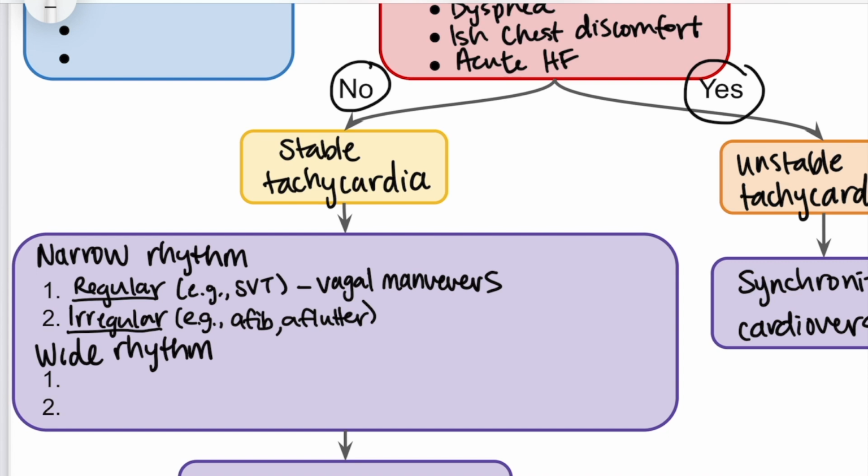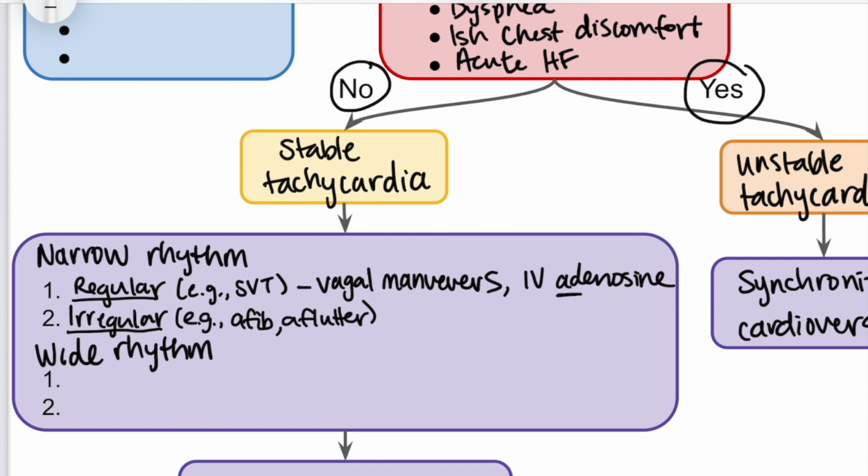And then if that doesn't work, they'll most likely need IV adenosine. I like to remember this by thinking that adenosine, which has the beginning letters of AD, sounds a bit like AV, the area where it acts at the AV node.